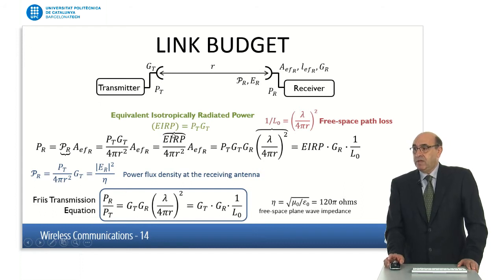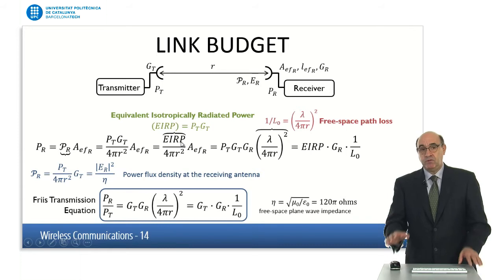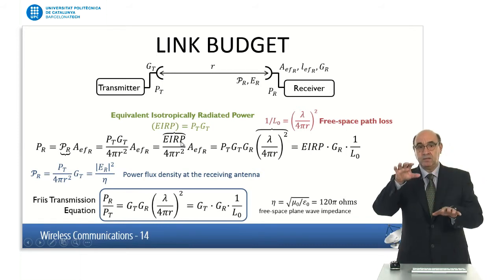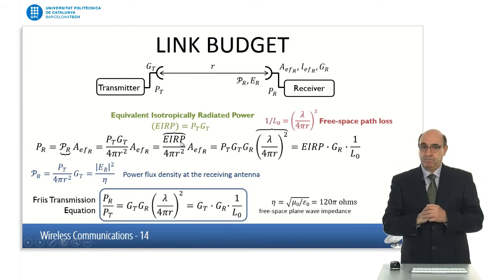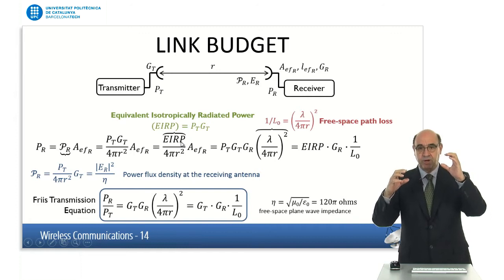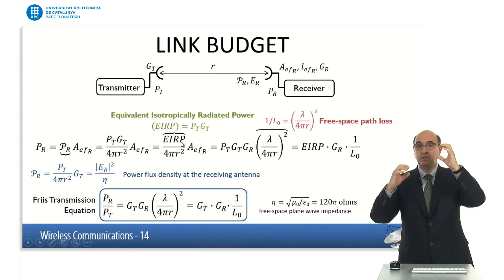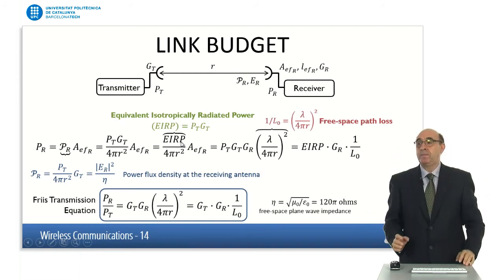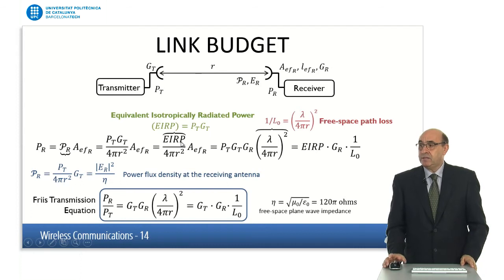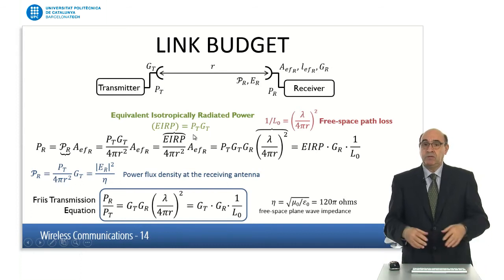It tells you that you can have the same value if you just trade gain and transmitted power. So you have a system with a certain power and a gain. You could have the same effect on the receiving antenna, for instance, if you double the power and decrease the gain to one half, or you go the opposite way. In some cases, it will be simple to increase the power.